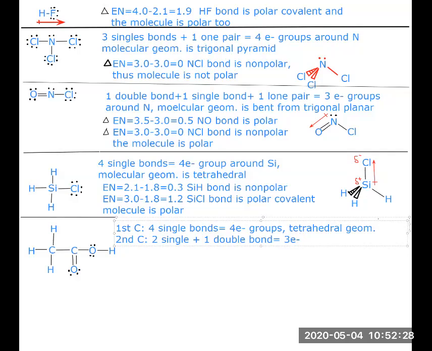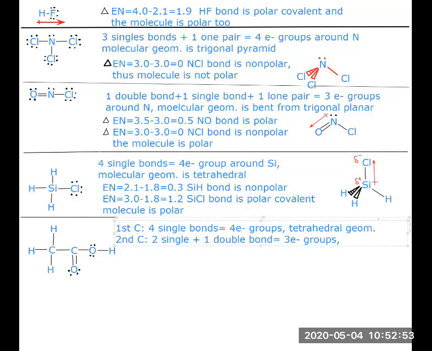3 electron groups. So let's look at the table to determine the molecular geometry around that second carbon. We have 3 electron groups, and it's only bonding groups. So it's going to be the second line here, 3 electron groups, and there are 3 bonding groups.